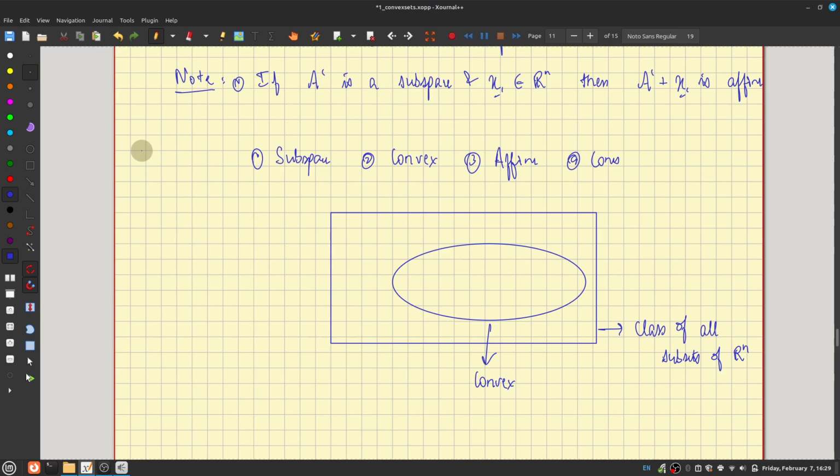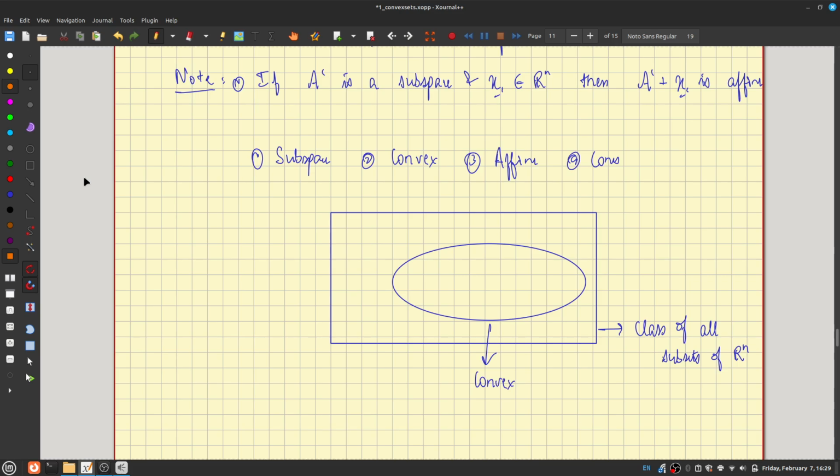Now, what can you say about the class of affine sets? Is every affine set convex? Why?